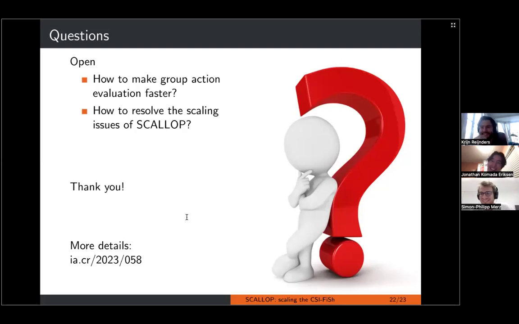Sure. Yeah. Thanks. I was just really interested in asking about the parameter sizes you briefly mentioned, because somehow the vectorization problem is dependent on the class group size, right? And then it reduces to the endomorphism ring, which is only dependent on P. But does that mean that in theory you could instantiate all of the SCALLOP security levels over a field of size 256-bit?